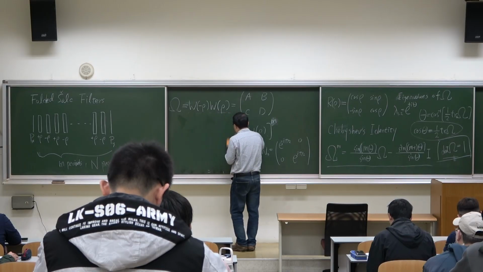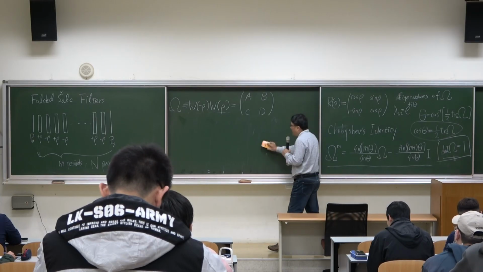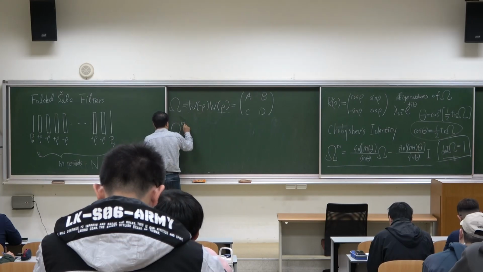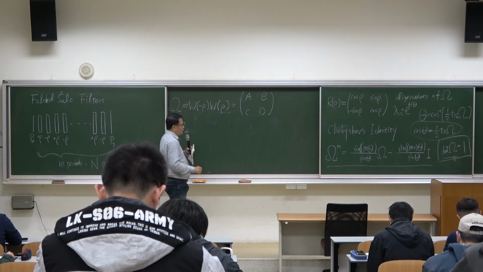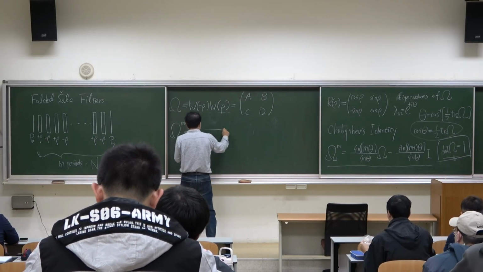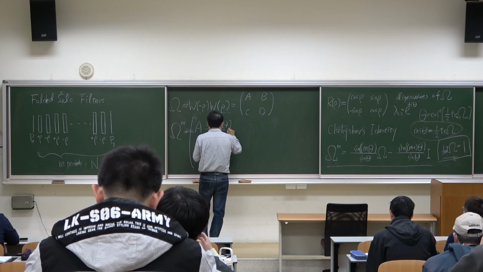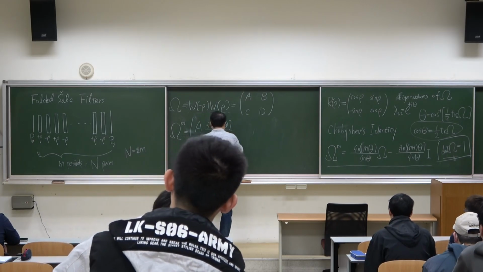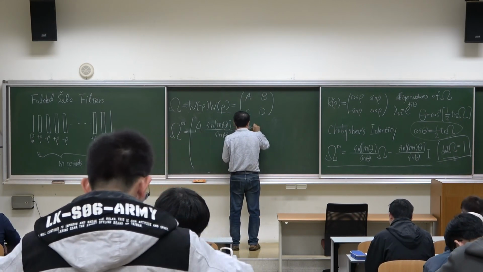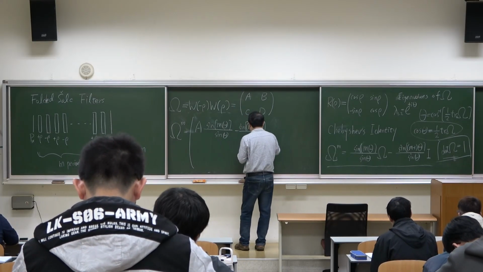specific expression A, B, C, D. Then you get the nth power, m of n, is equal to this: A times sine m theta over sine theta minus sine m minus 1 theta over sine theta.